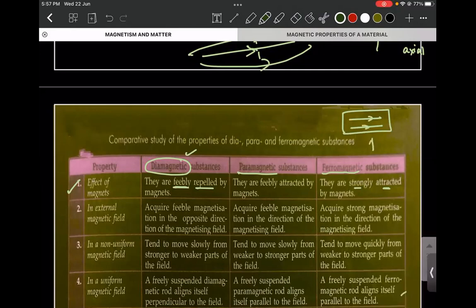When you try to heat the material, you're trying to increase the distance between the poles of the dipole. As a result, the magnetic dipole moment will decrease. Correct? Yes, sir.